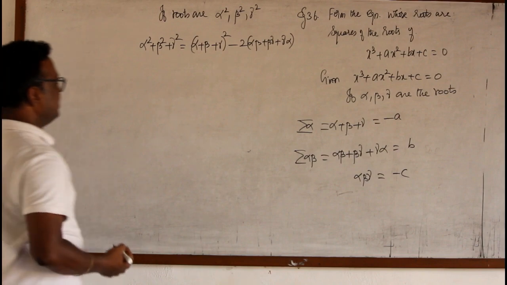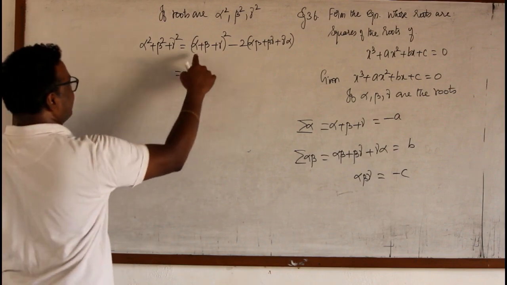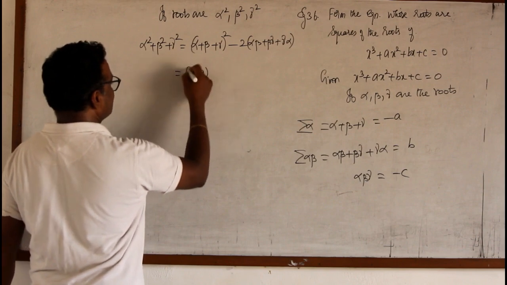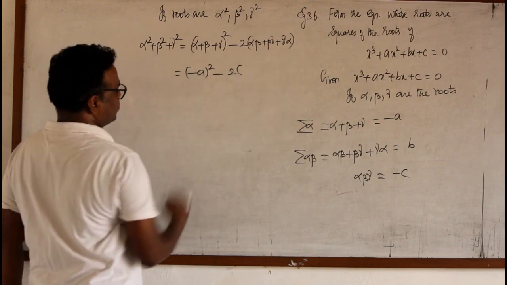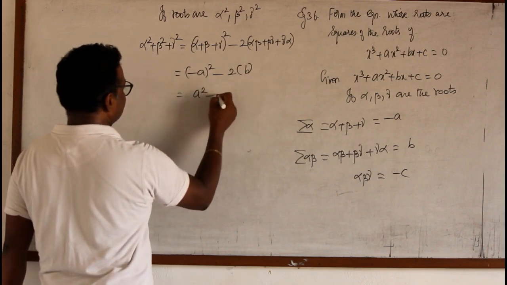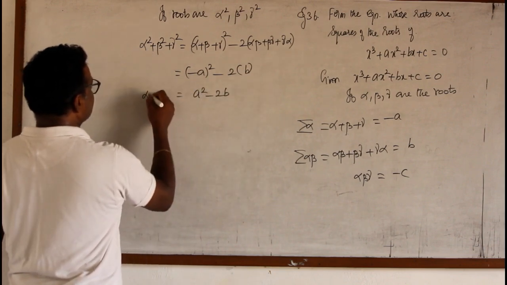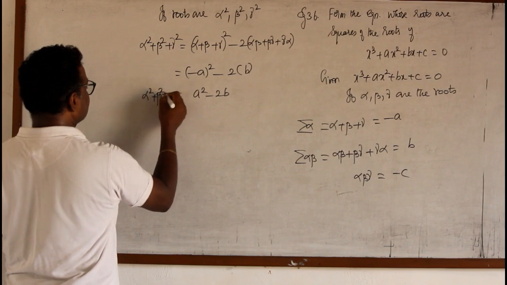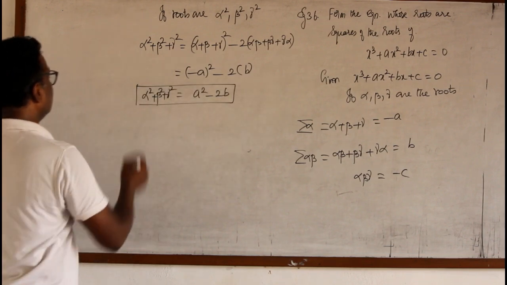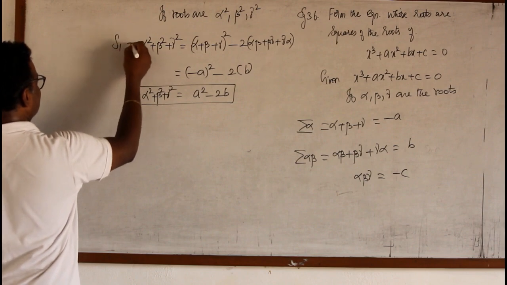We know this identity. So instead of alpha plus beta plus gamma, I can write minus a the whole square, then minus 2 into b. So it is a square minus 2b. This is the sum of the squares of the roots, and we take this as S1.